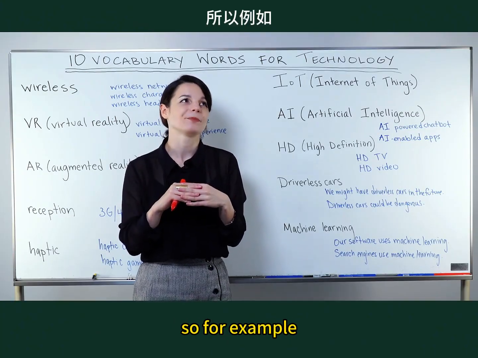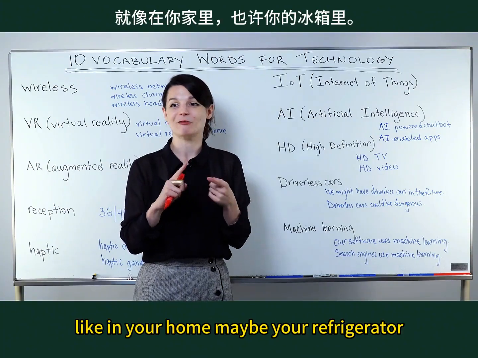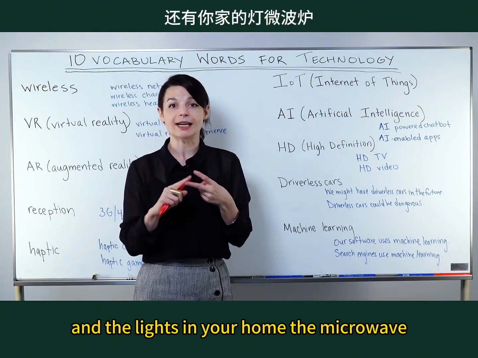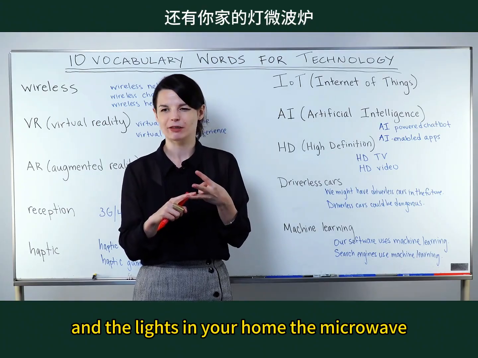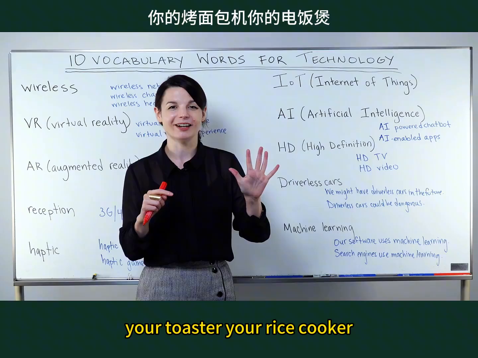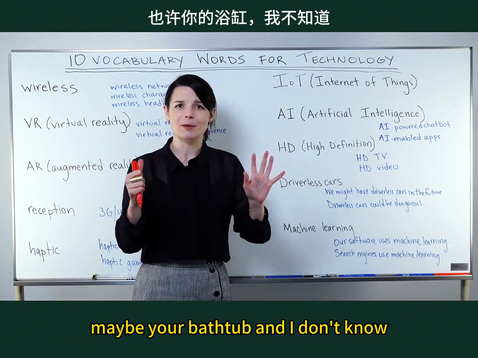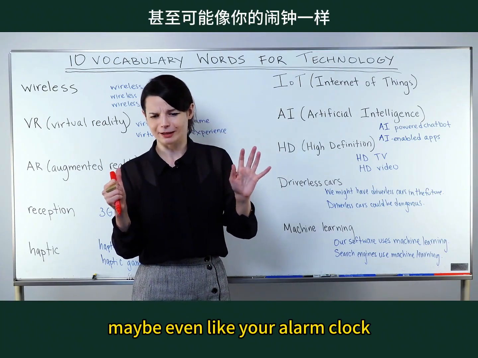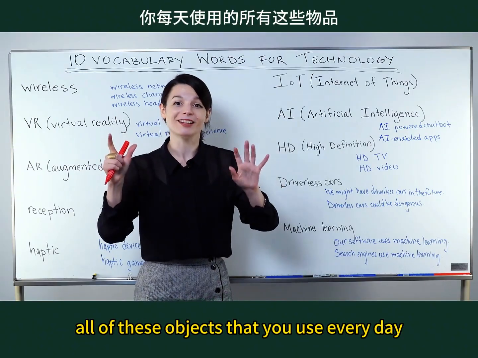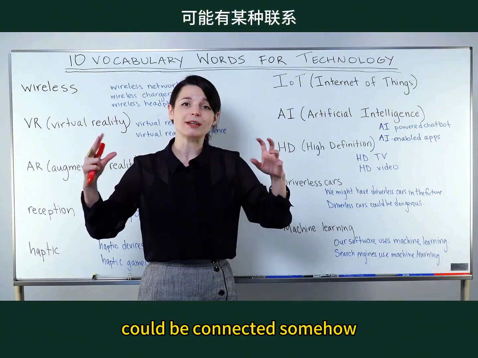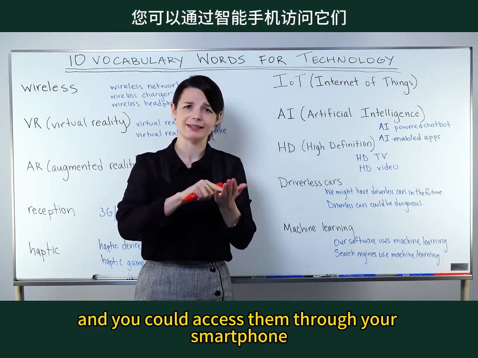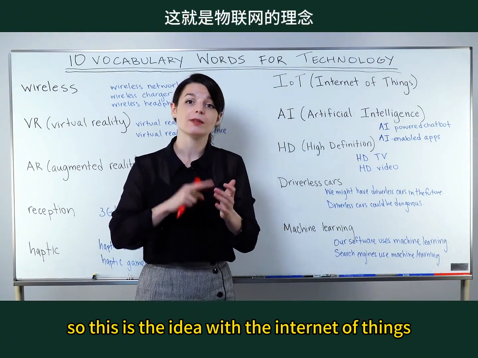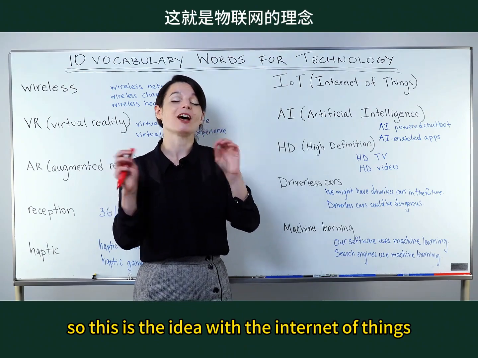So for example, in your home, maybe your refrigerator and the lights, the microwave, your toaster, your rice cooker, maybe your bathtub, and I don't know, maybe even your alarm clock. All of these objects that you use every day could be connected somehow, and you could access them through your smartphone. So this is the idea with the Internet of Things.